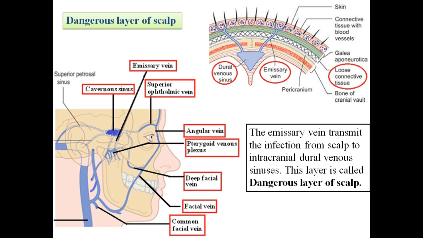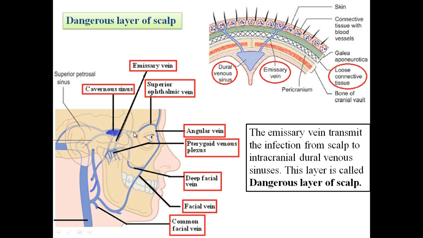As a result, thrombosis of the cavernous sinus will occur. So hence this layer is called the dangerous layer of the scalp.